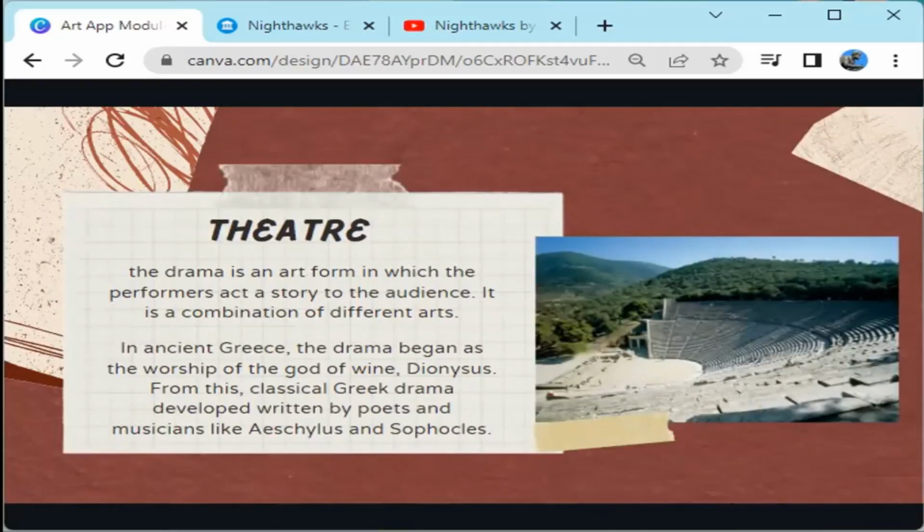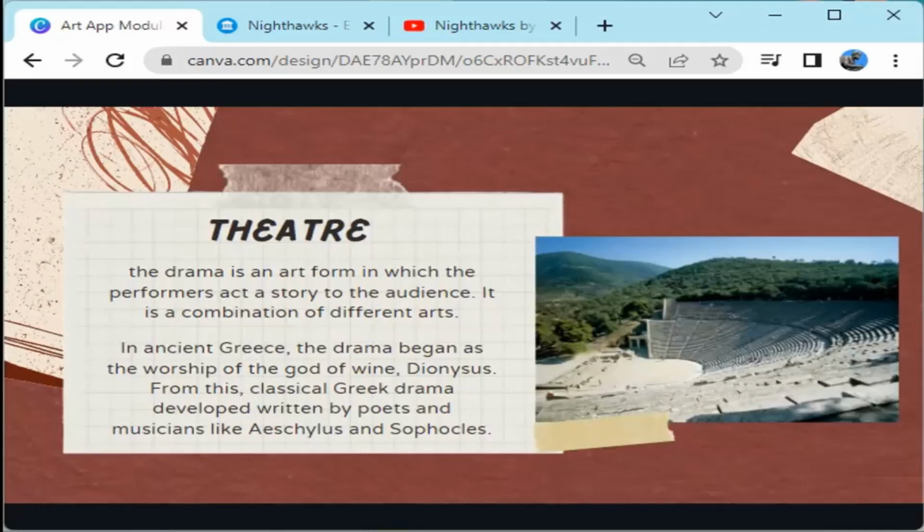So last is theater. Theater as a form of architecture was done to patronize the god Dionysius. The ancient Greeks worshiped Dionysius, and in worshiping him, they performed a type of drama.